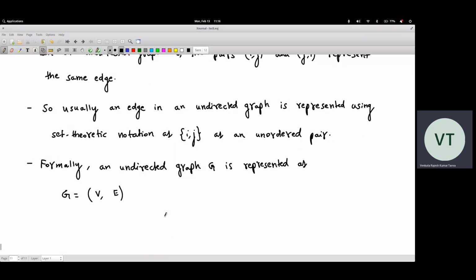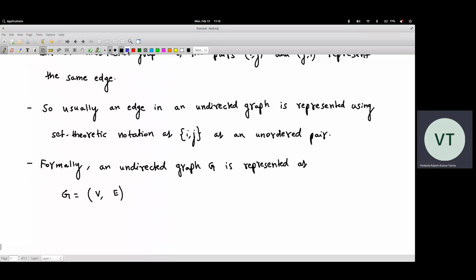You see, G is an ordered pair, okay? Whereas the edges in G need not be ordered pairs. G is an ordered pair because any graph is composed of nodes and edges, so we should list both nodes and edges. This order we should know so that we know whether the first set is nodes or edges, okay?